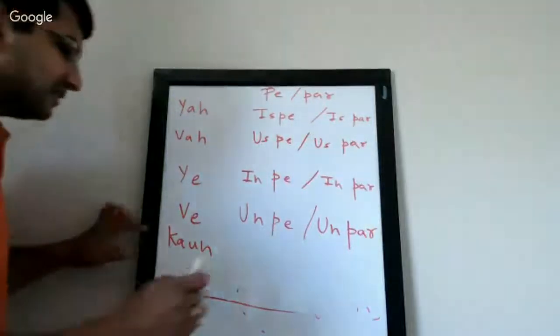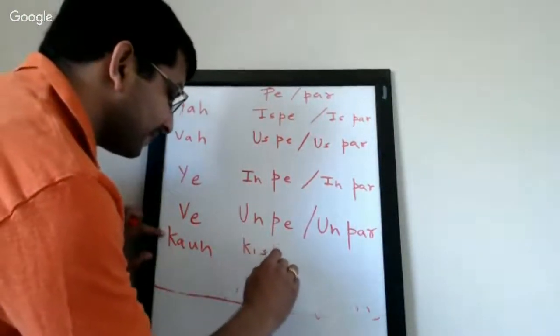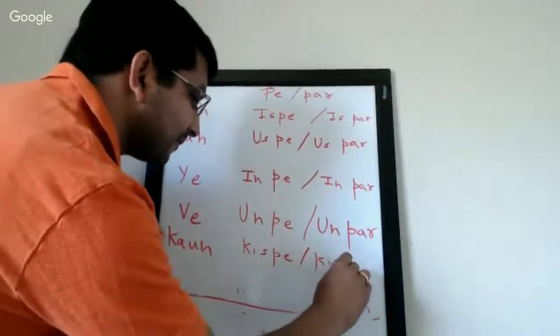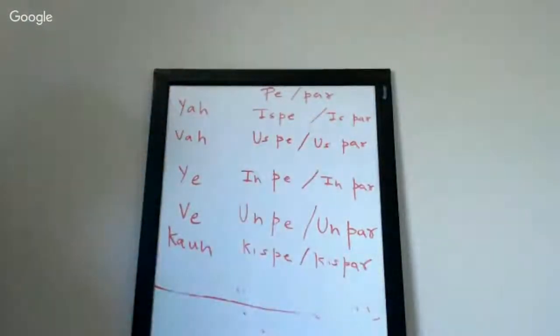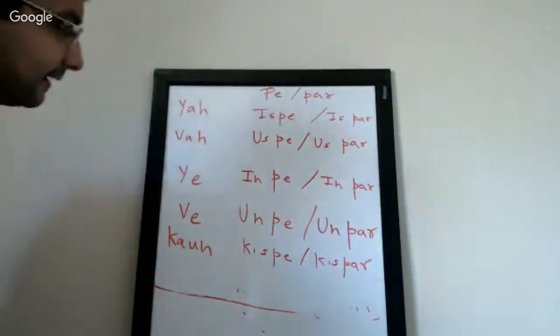Kis pe or kis par. Okay, kis par. So I hope this is making sense. I'm not doing too many examples for each of them, but I hope it is getting clarified.